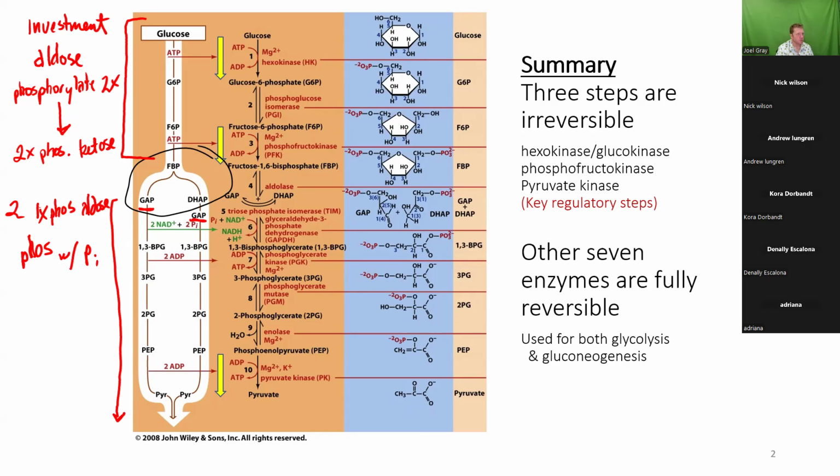Then whenever you add that inorganic phosphate, you're going to use that to make ATP, and you're going to replace your aldehyde with, I'm going to say COO minus, your carboxylic acid.